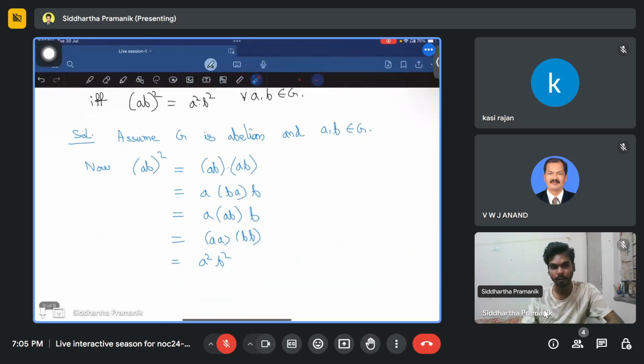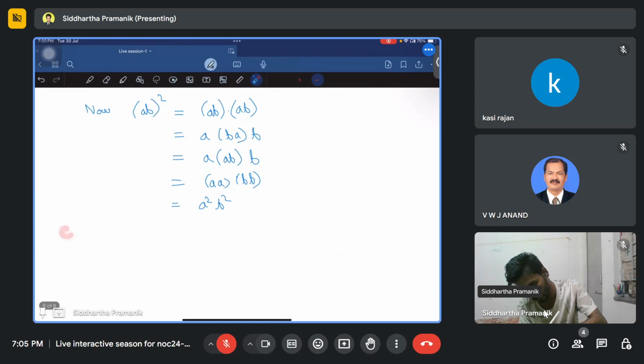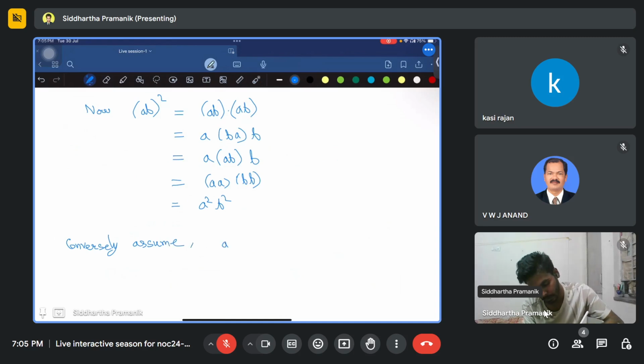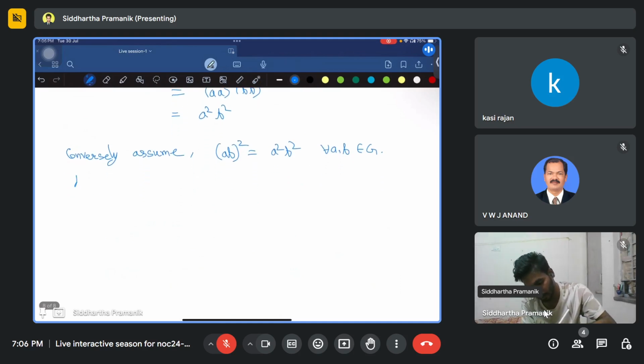So conversely, assume (ab) squared equals a squared b squared for all a, b in G. Now let g and h be arbitrary elements of G. We need to prove again that gh equals hg.